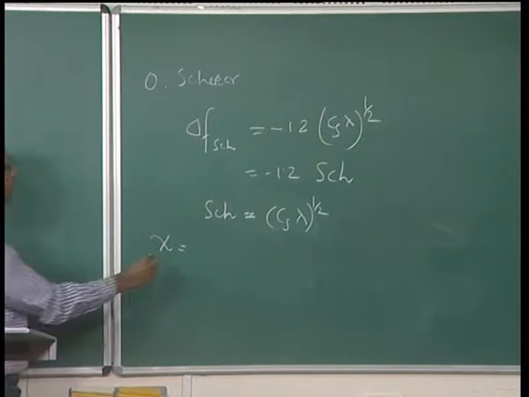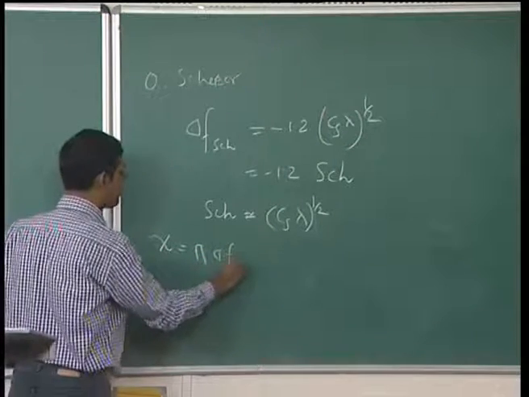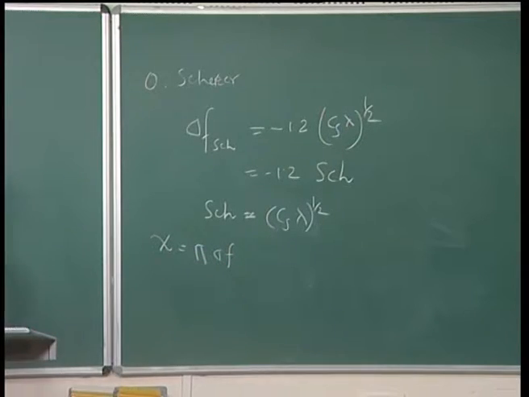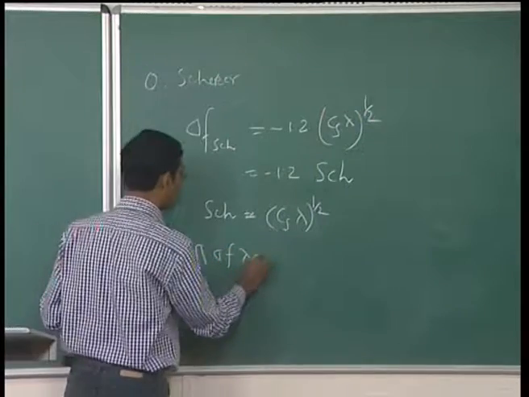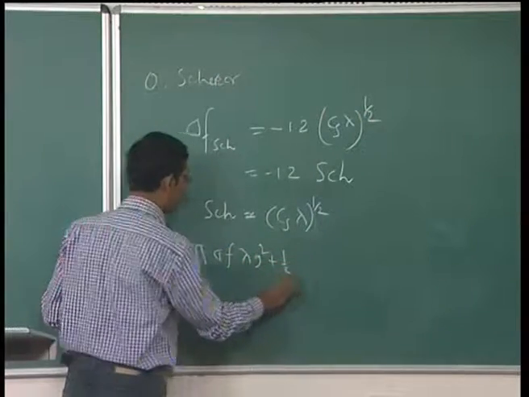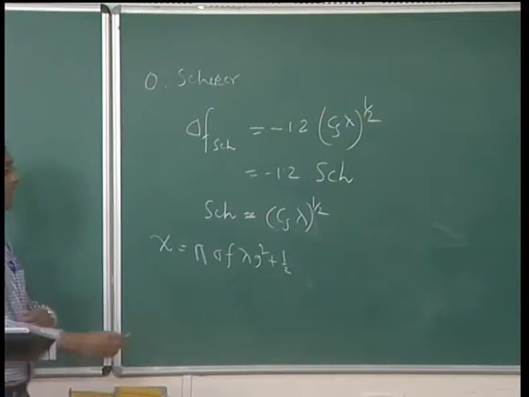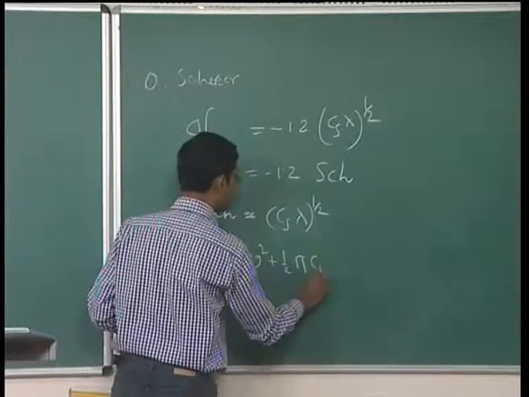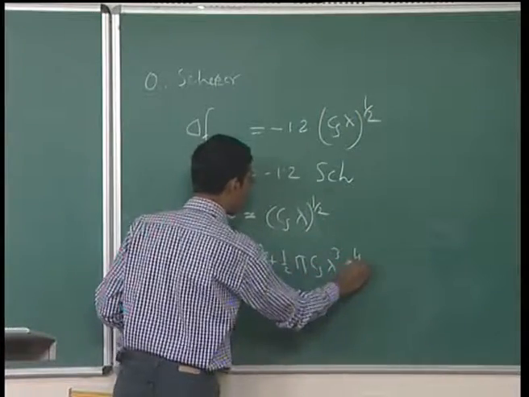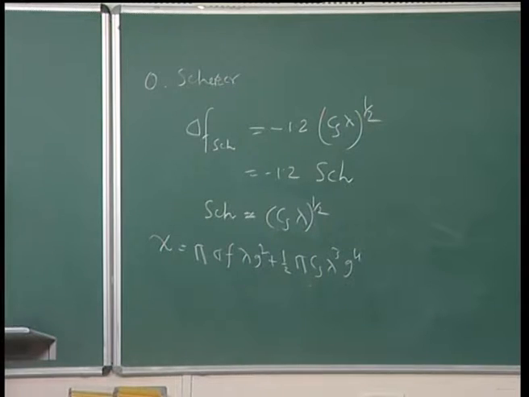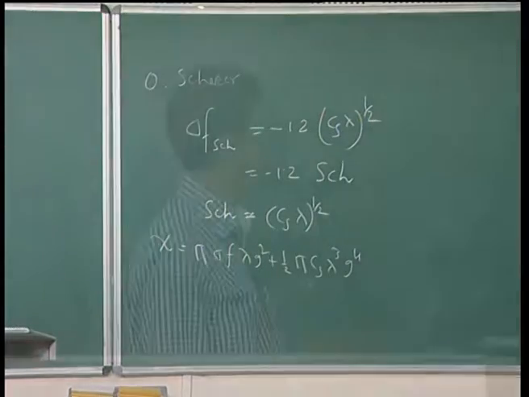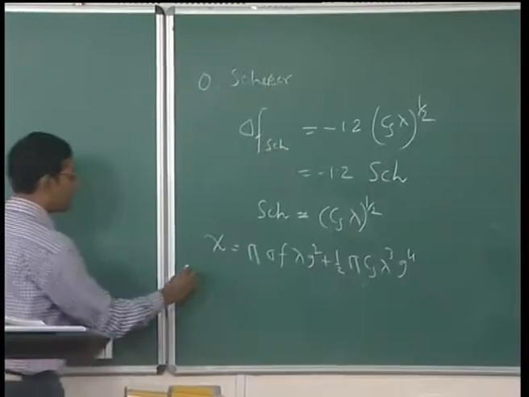So it is equal to pi delta f g square lambda plus half of pi Cs lambda cube g to the power 4. If I minimize this function at a particular value of g, I can get the Scherzer focus. So, let us do that.